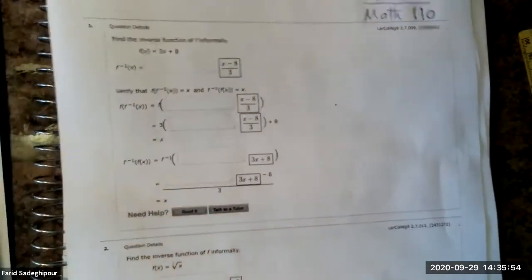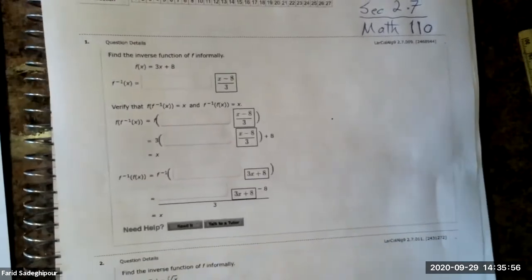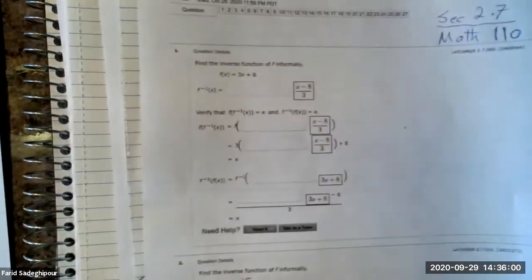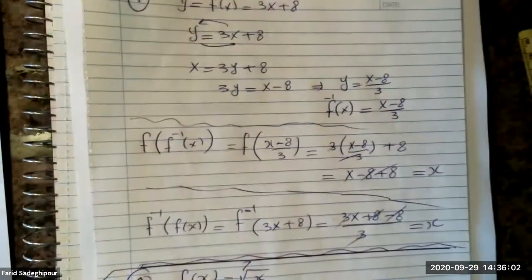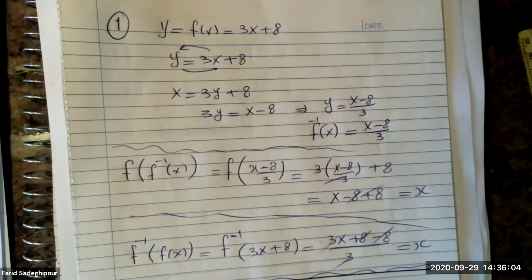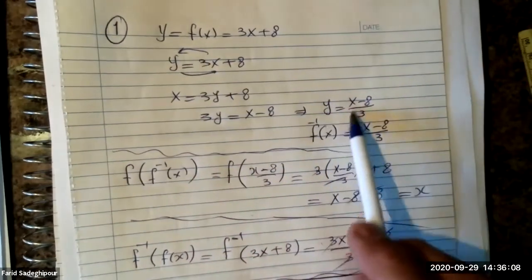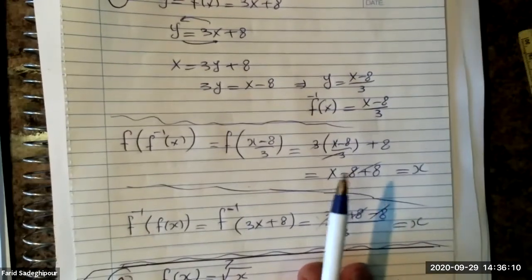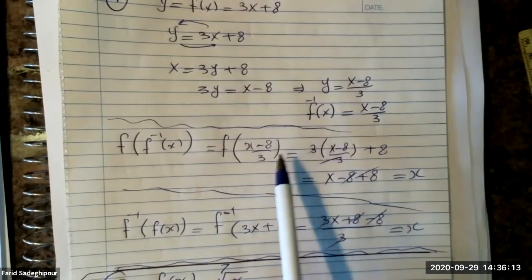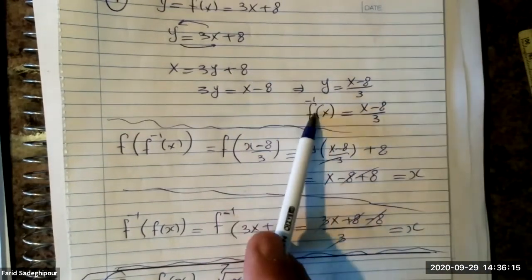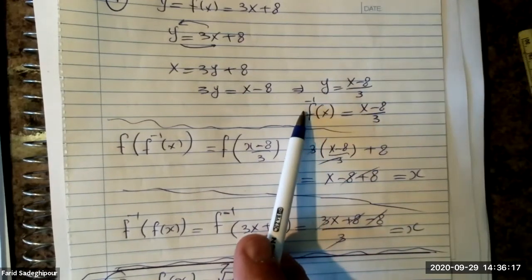Okay, so in this example, we show you how to find the inverse. I did a solution here for you. See, you swap x and y and write y in terms of x. But here, they want us to find the inverse function first and then prove that these two are inverses.